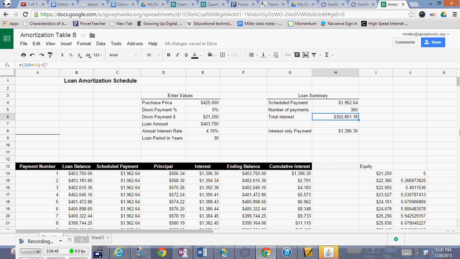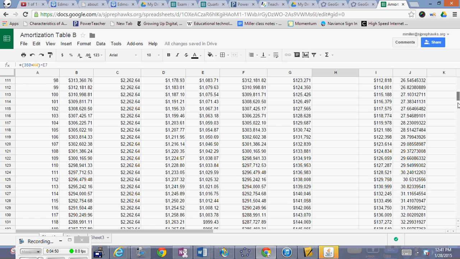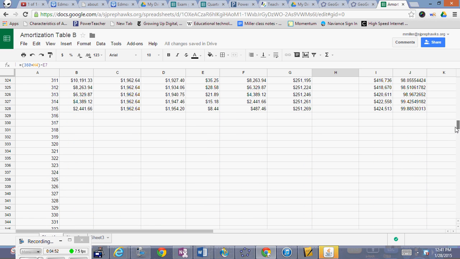In addition, I paid it off in 315 payments, almost 4 years short. I paid it off almost 4 years ahead of time, and I saved myself $50,000.